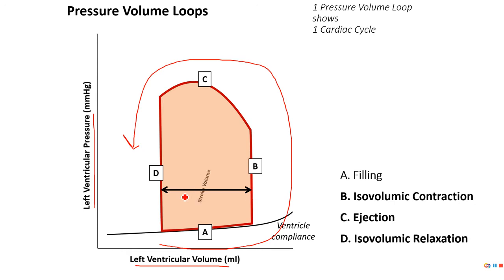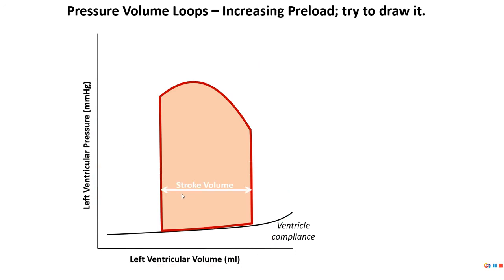Okay, so we want to increase preload. How is this going to change this figure? So remember, what does preload correspond to? Preload corresponds to end diastolic volume, and this is end diastolic volume here. Okay, and so if we increase preload, we're increasing the amount of blood in the ventricle before contraction.